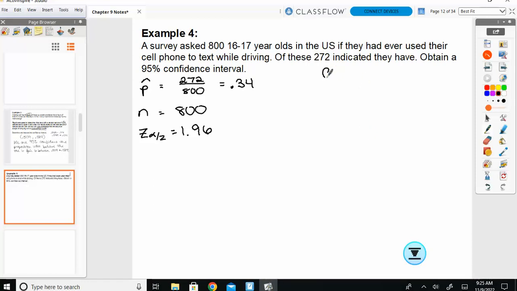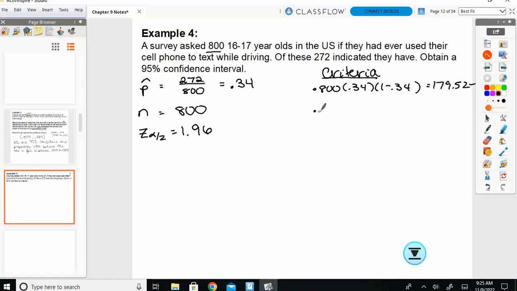We should verify the criteria to make sure this works. Again, you don't necessarily have to show a lot, just enough that I know that you checked it. So n times p times 1 minus p, so that's definitely bigger than 10.